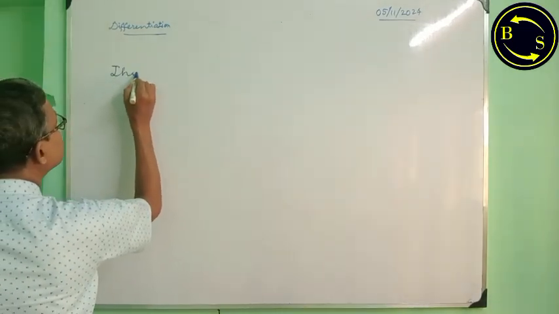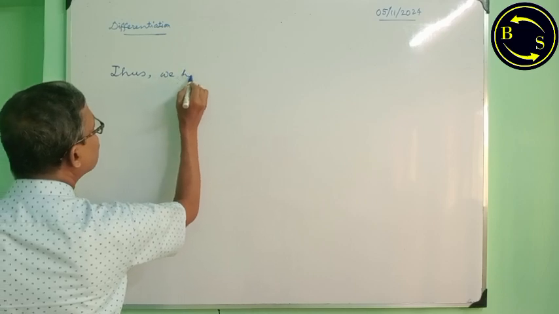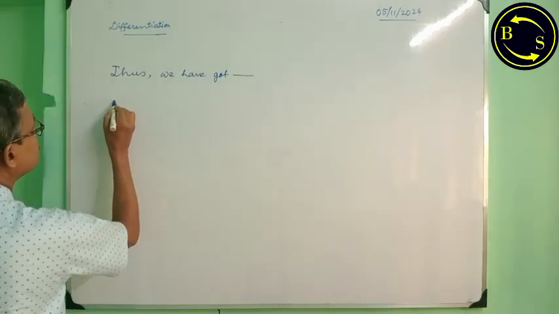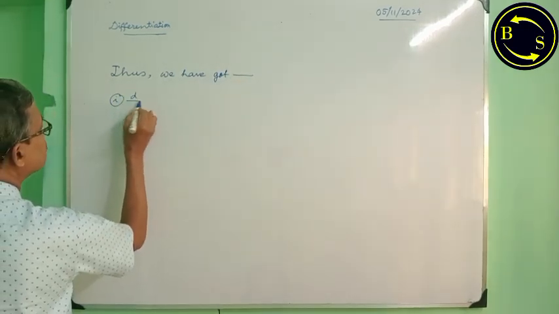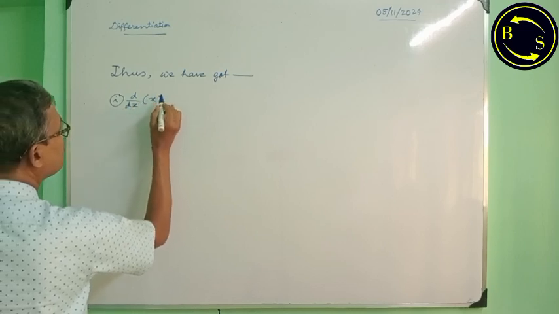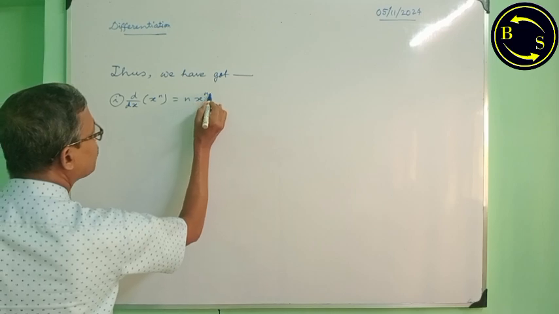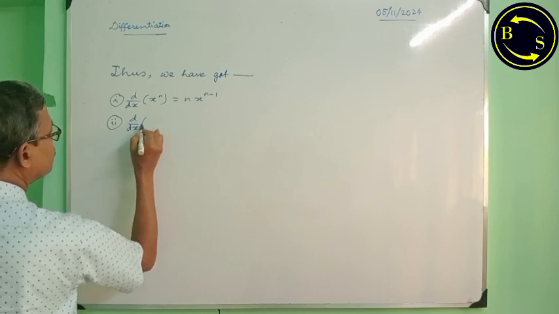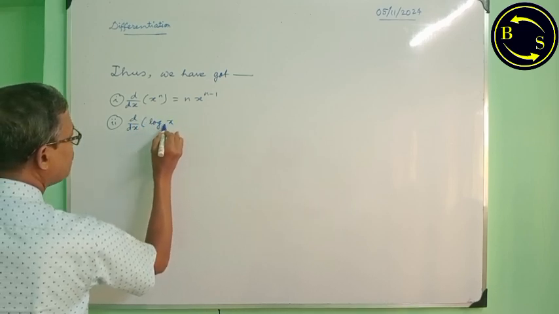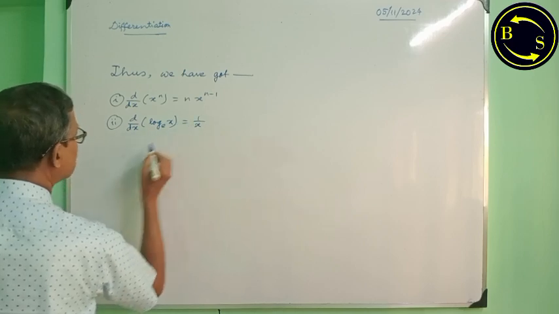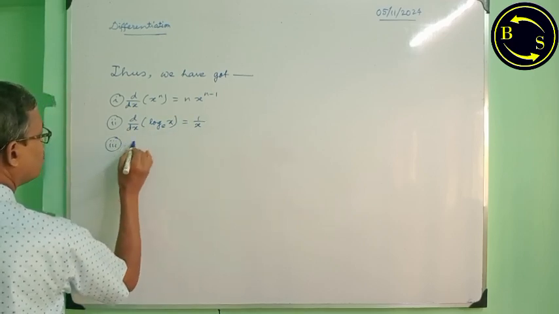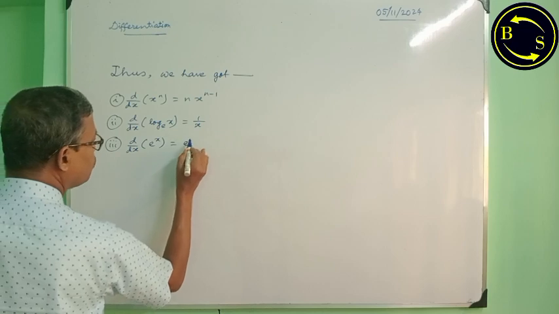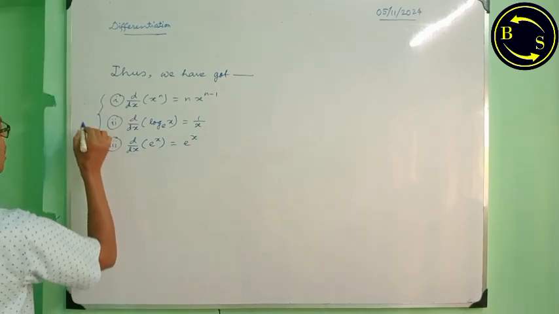Thus, we have got d/dx of x to the power n is equal to n x to the power n minus 1; d/dx of log x to the base e is 1 by x; d/dx of e to the power x is equal to e to the power x. These are algebraic functions.